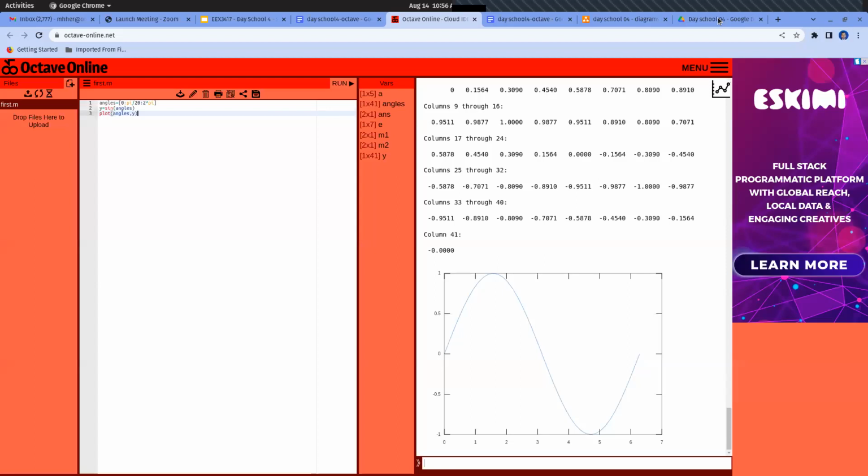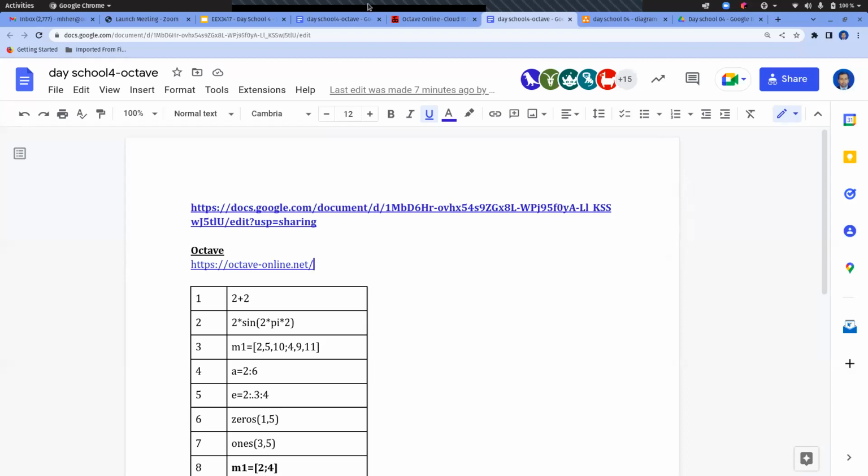It says it is paused. Your screen sharing is paused. Okay, I will stop screen sharing and again I will start it. Okay.